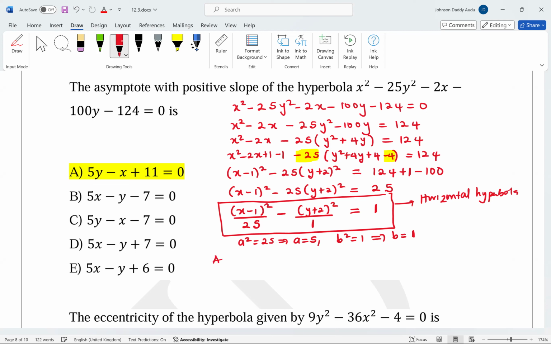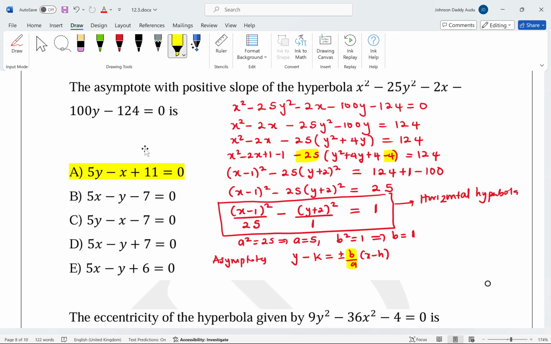the asymptote is given by y minus k equals the slope. The only thing that changes is you have b over a. So if you're dealing with horizontal, it is b over a. If you're dealing with vertical, it's going to be a over b, right?